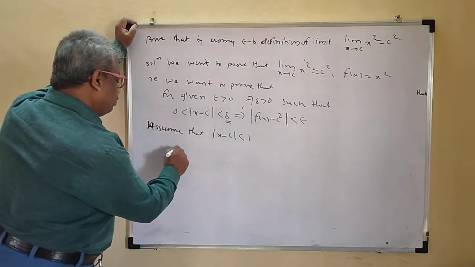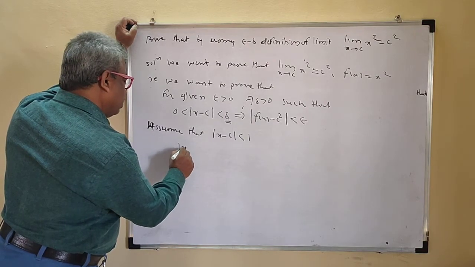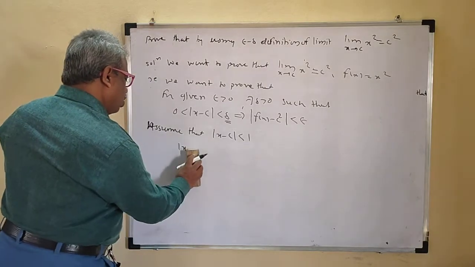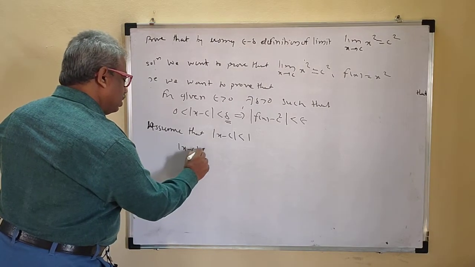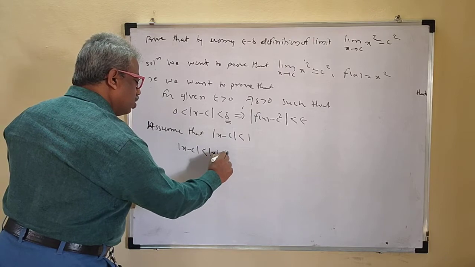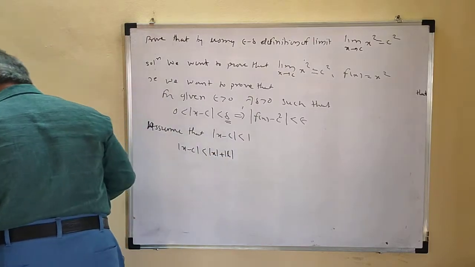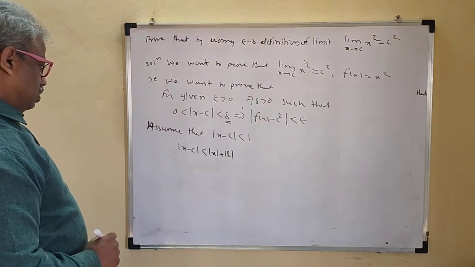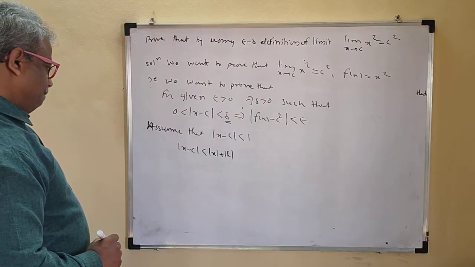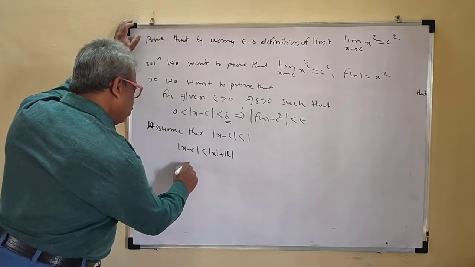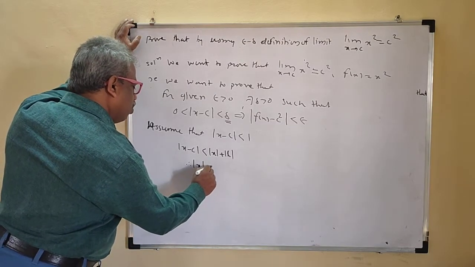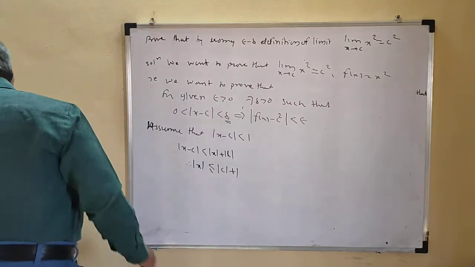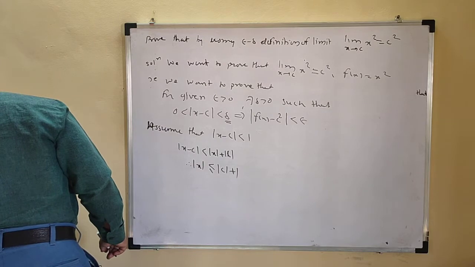So we know that mod of x minus c is less than mod x plus mod c. So therefore mod of x is less than or equal to mod c plus 1.